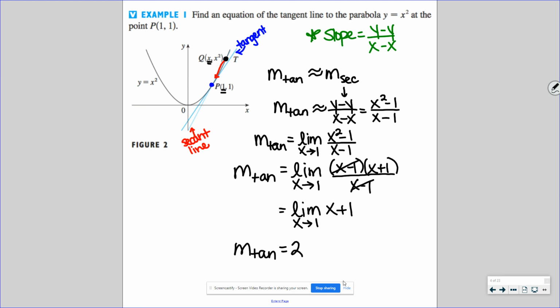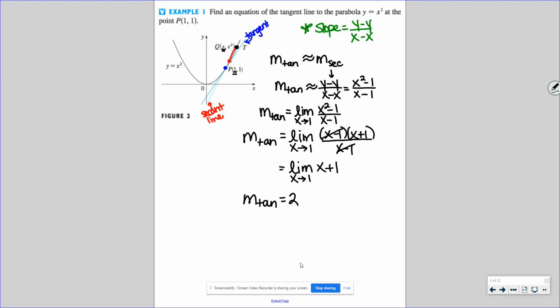Now, there's another step because it does say in the directions that they are looking for an equation of the tangent line. So to do that, we're going to rely on our point-slope equation, which is only useful when you have straight lines, which we do here for the tangent line. So we are going to apply this using the point (1, 1) as your x1 and y1 values.